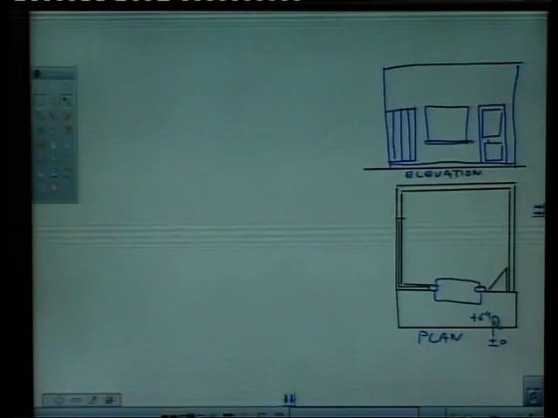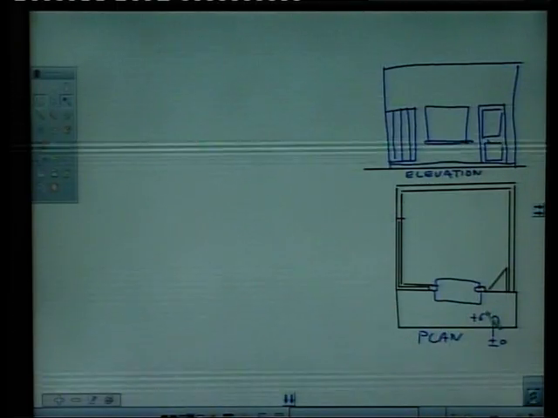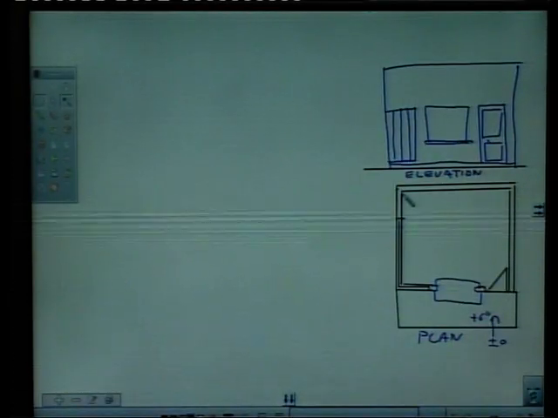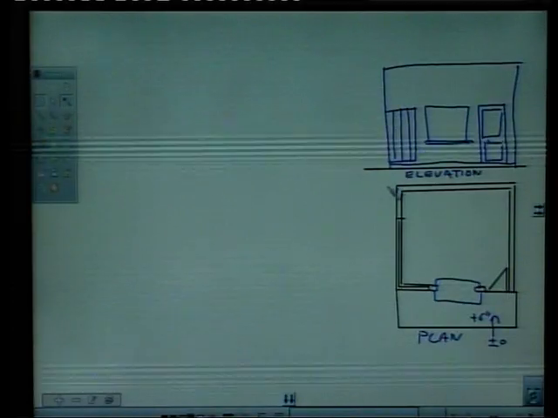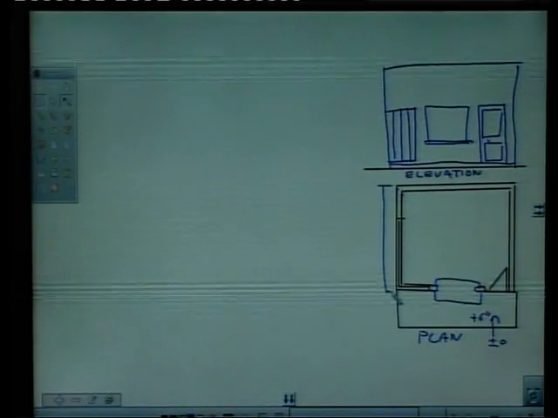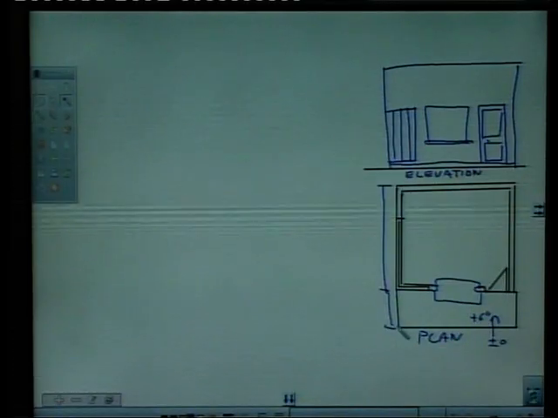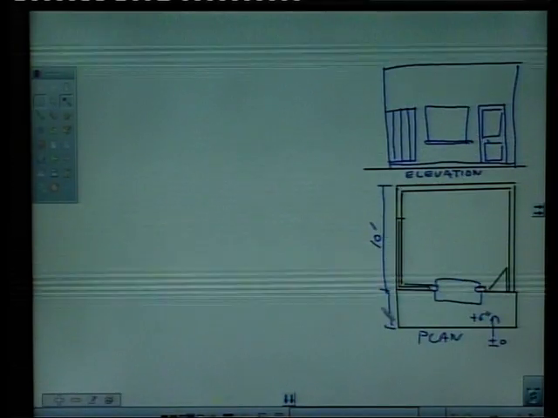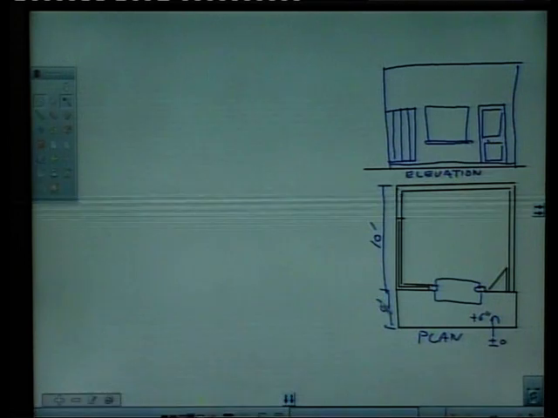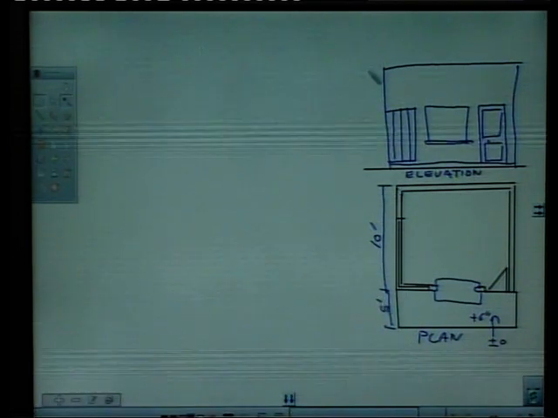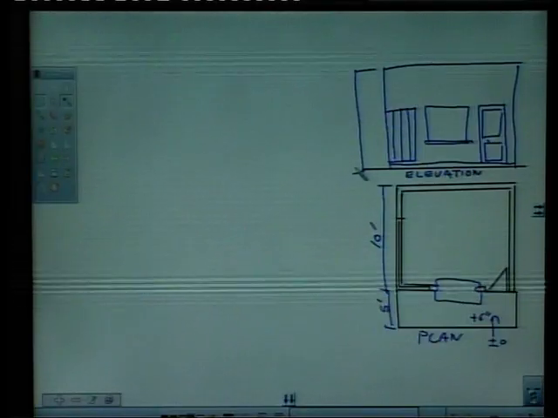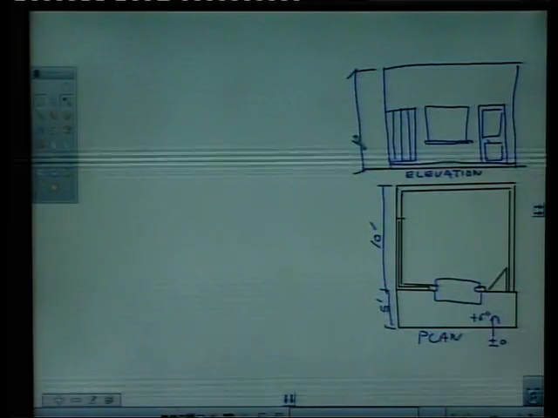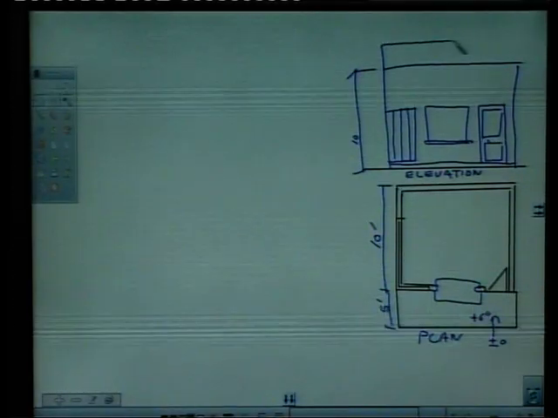Now, how to draw? First, assume some dimensions. Say this room is 10 into 10. Say this is 10 feet, and this front veranda is 5 feet, and total height is say 10, and say there is a parapet of 3 feet also.